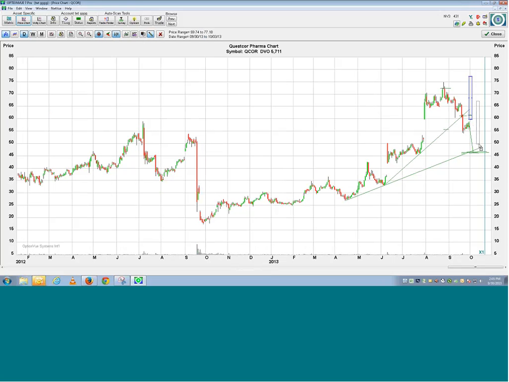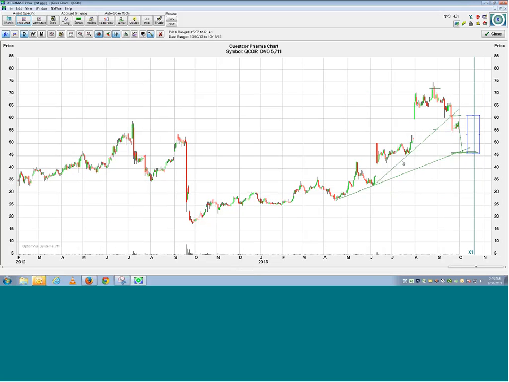If you're bearish and you think it's going to go to the bottom of the box, you can come over here, come out to here, and put in a bearish trade at this point. And let's extend it beyond. Okay, let's go out a little bit more in time. Give it some good time, and let's see what we get.